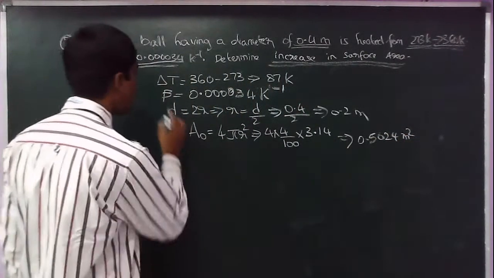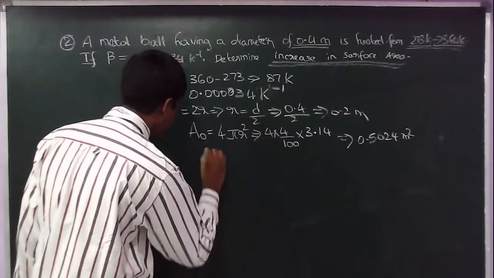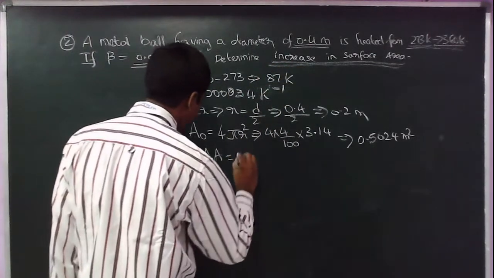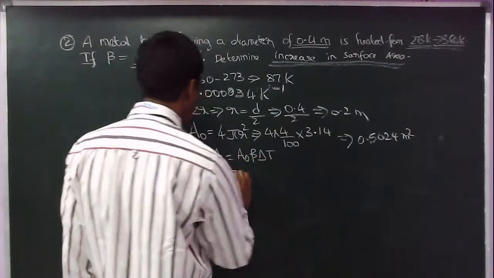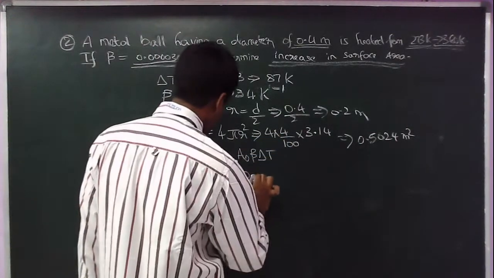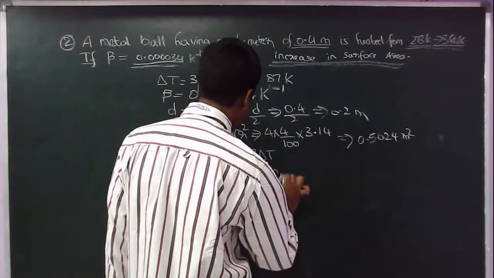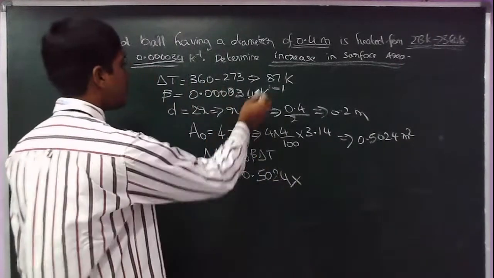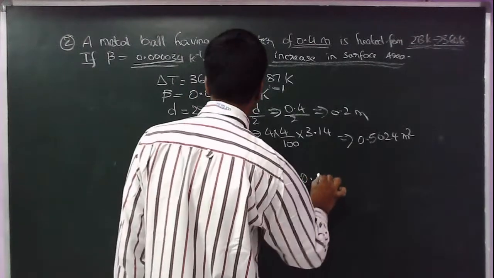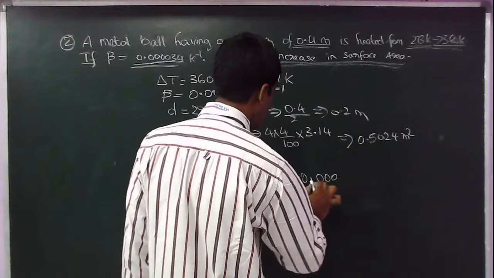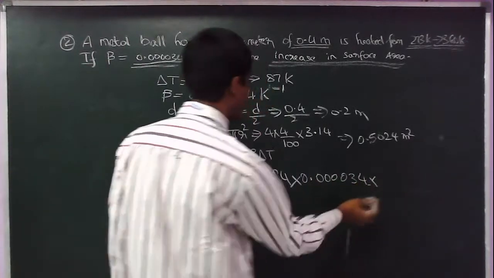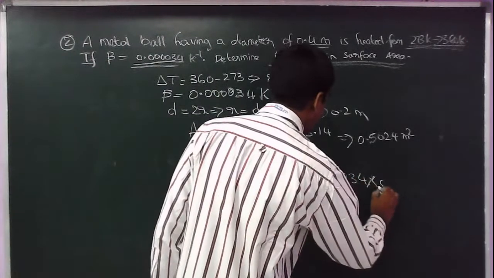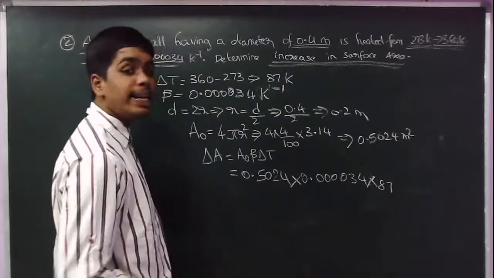Okay. Now they are asking delta A. Delta A is equal to A naught into beta into delta T. A naught means 0.5024, into beta, which is 0.000134, into delta T, it is 87.